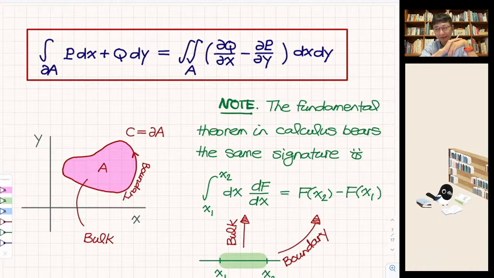This Green's theorem is basically a rigorous proof telling you that if you know the hidden structure in a book, you can judge a book by its cover, because the information content in its cover is exactly the same as the content inside the book.